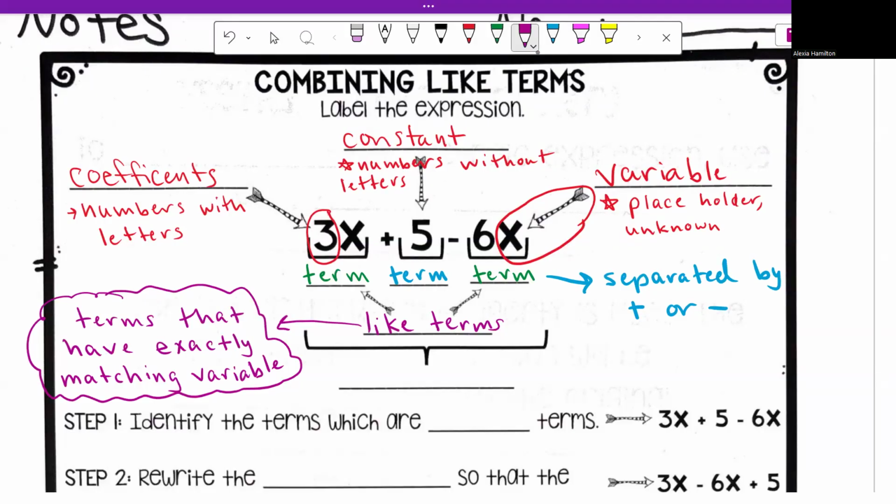So 3x and 6x both have an x. They are exactly matching, and therefore that makes them like terms.